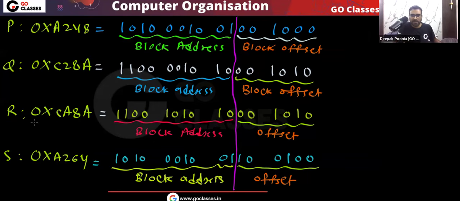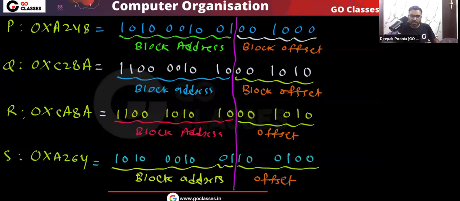Now tell me, do any two of them belong to the same block? Look at the block addresses of P, Q, R, S. P belongs to this block, Q belongs to this block, R belongs to this block, and S belongs to this block.